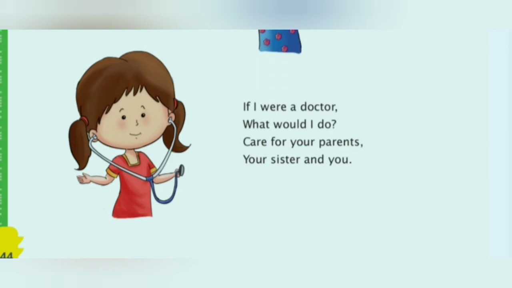Third line, care for your parents, single flow. Next line, your sister and you. Here comes the connecting word and, so you can split the sentence. Your sister and you. Full stop. So this is how we have to read this stanza.